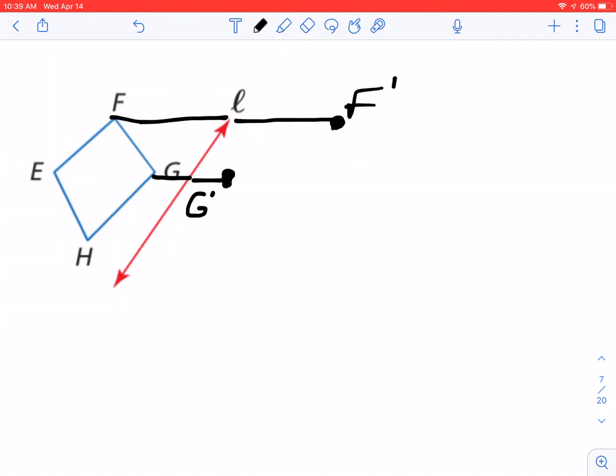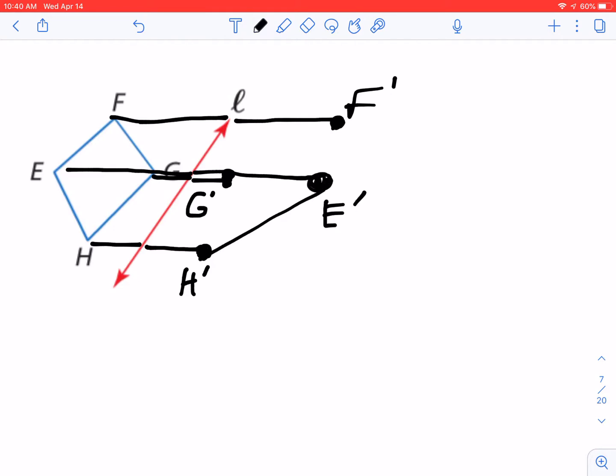That's my F prime. Then H is like that, H prime. And then E will be about there, E prime.